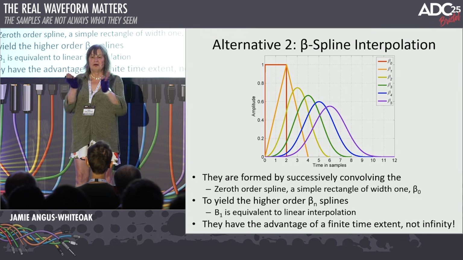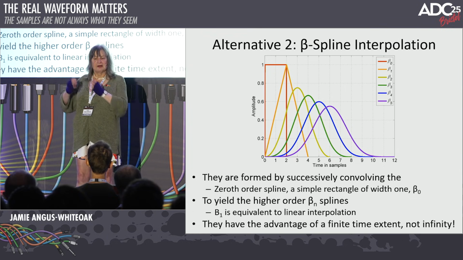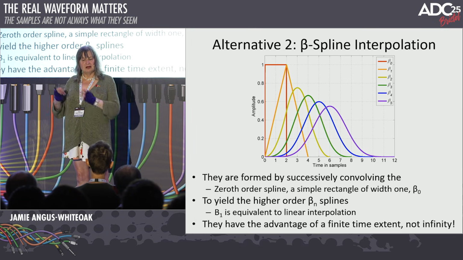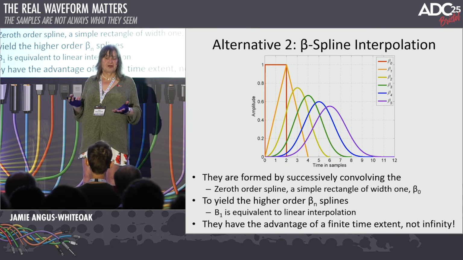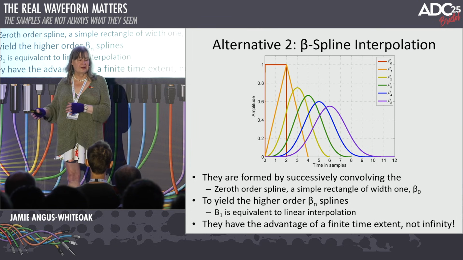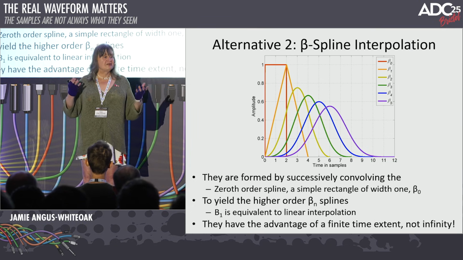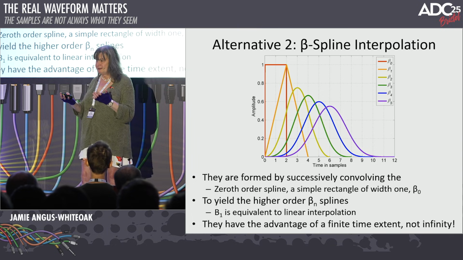Two square waves together give you a triangle wave, that's a B1 spline. Sorry, two together, it's some sort of quadratic thing. Three together, it's a third order one, and so on and so forth. So they're very easy to generate, and probably very easy to work out an equation to calculate for an arbitrary point.